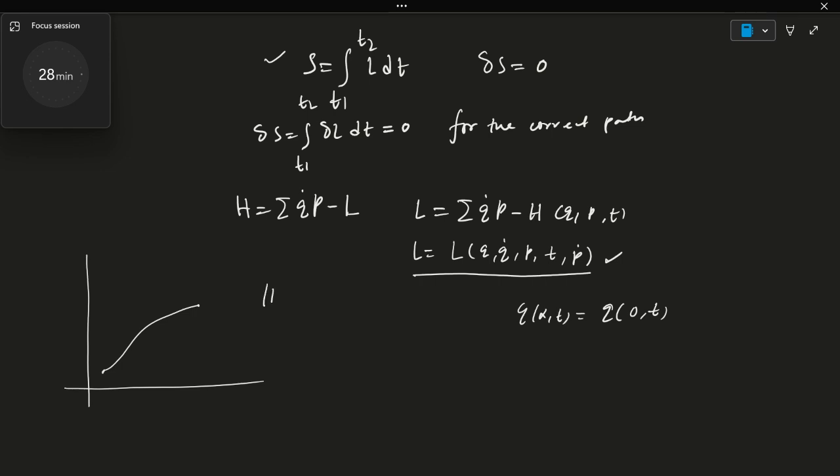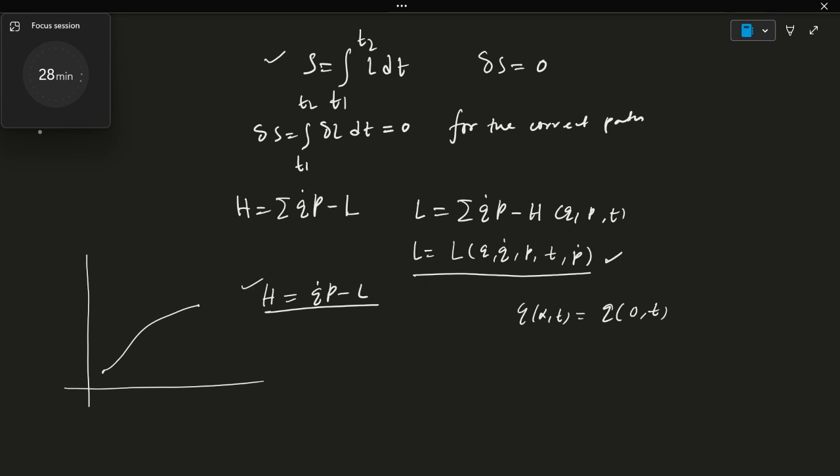For this calculation, we take H as q dot p minus L. I'm considering one generalized coordinate and one generalized momentum so that you can get the calculation easily.